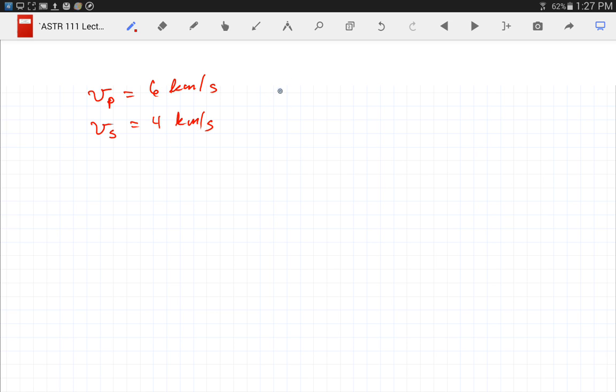And it tells us that the P wave arrives at 7 p.m. and the S wave arrives at 7:05 p.m. Are those the correct numbers? Yeah, that's correct, because I'm obviously going on memory. The S wave is slower than the P wave.